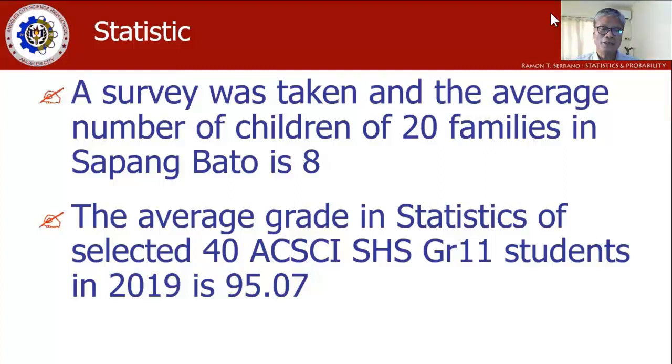And the next one is the average grade in statistics of selected 40 Aksay Senior High School grade 11 students in 2019 is 95.07, meaning to say we sampled only 40 students, and I'm pretty sure again there will be more than 40 grade 11 senior high school students of AXI in 2019. Okay, you got the idea?